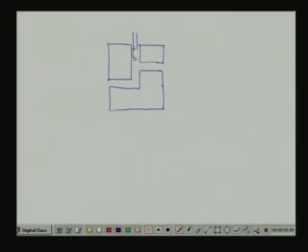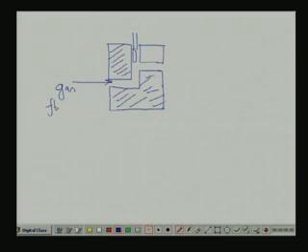So, here it will look like this, then it will go like this. Okay. So, this is our block. This is the gas flow in, and this is the gas flow out. Okay. And this is the block.